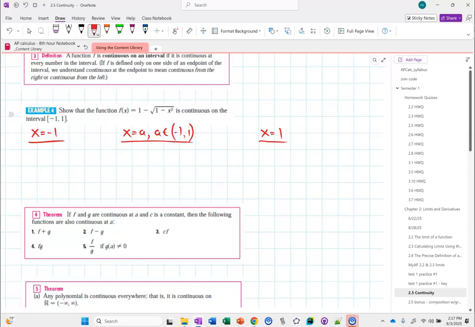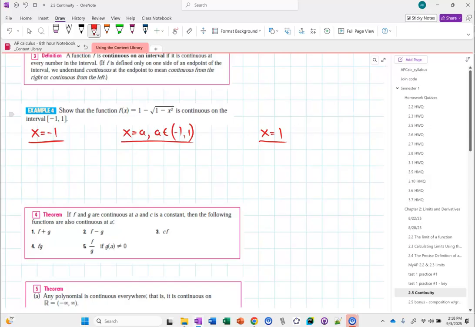So if we're not sure, like in the square root, what the 2 numbers on either side could be, could we graph it and see? Well, the problem should tell you the interval. Like if it says show, it's going to tell you exactly what you need to do, that this is continuous on the interval.